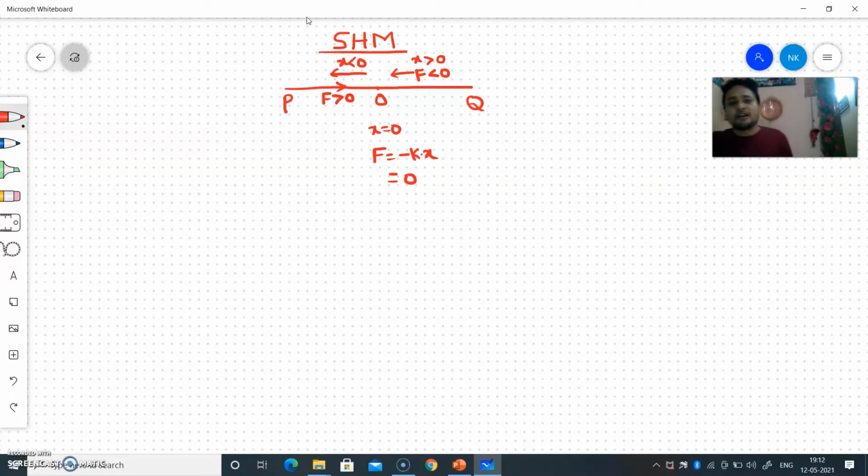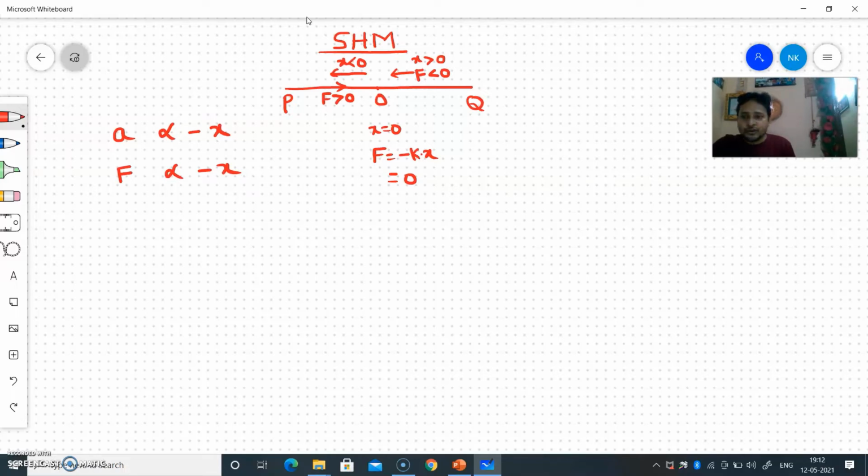Now from the definition of simple harmonic motion, the acceleration a is directly proportional to its displacement with a minus sign. This implies that the restoring force F is also proportional to minus x.